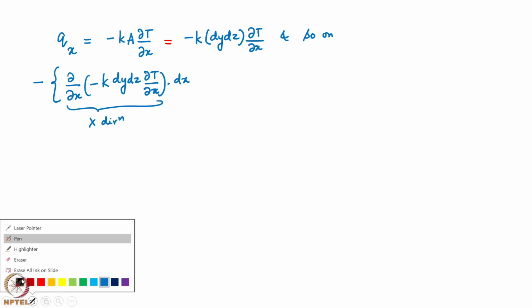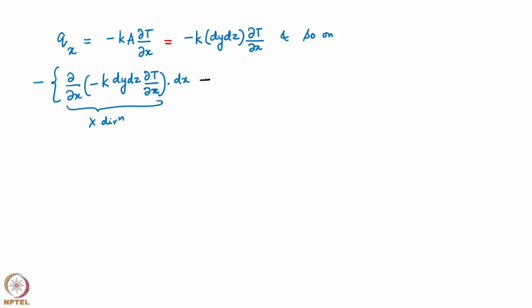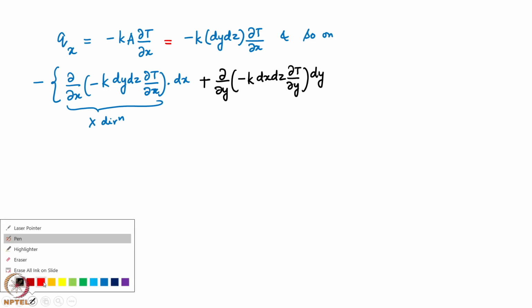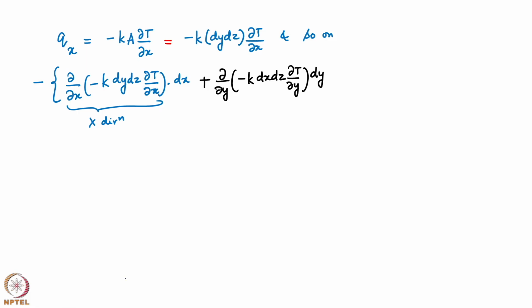Then I will write for the y direction, d by dy. I will leave this for you to do: d by dy of k dx dz into dt by dy times delta y, and the third term would be in the z direction, d by dz of minus k dx dy dt by dz into delta z, which is this bracket.